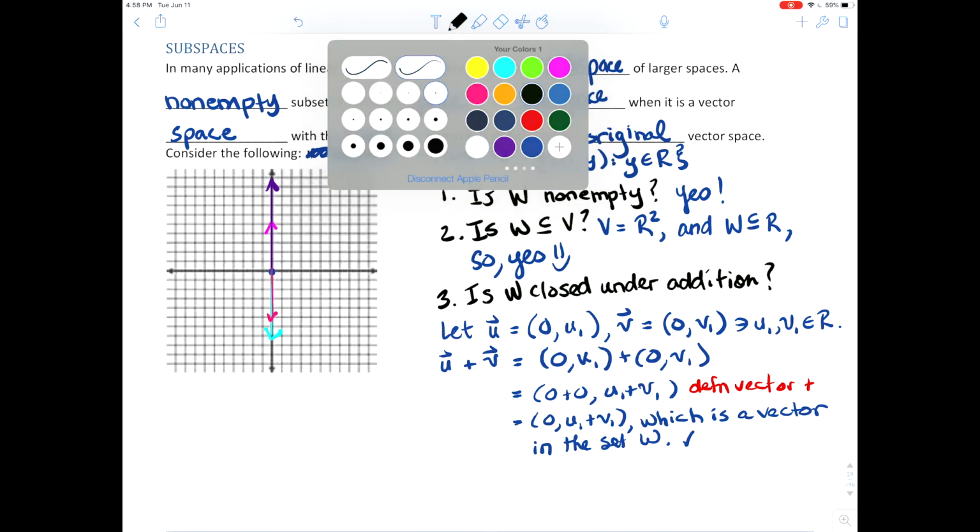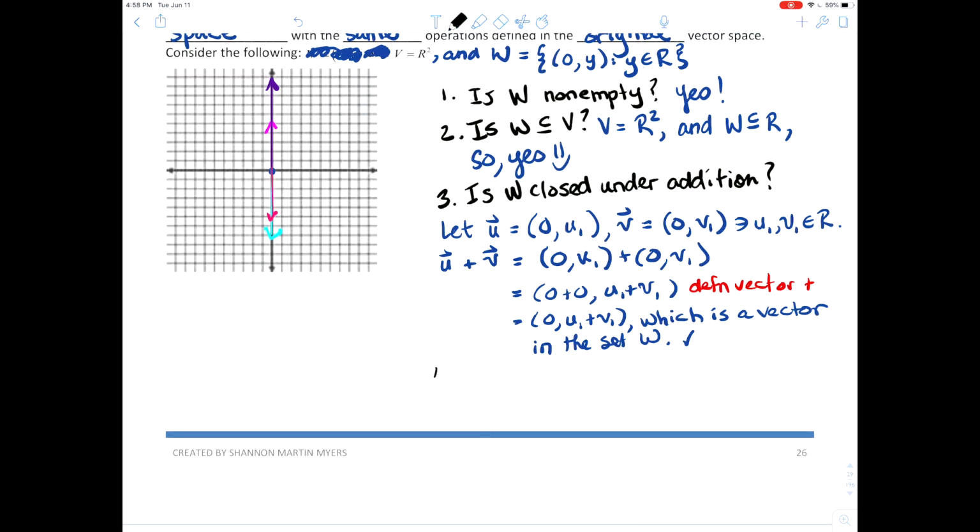And then lastly, number 4, is W closed under scalar multiplication.